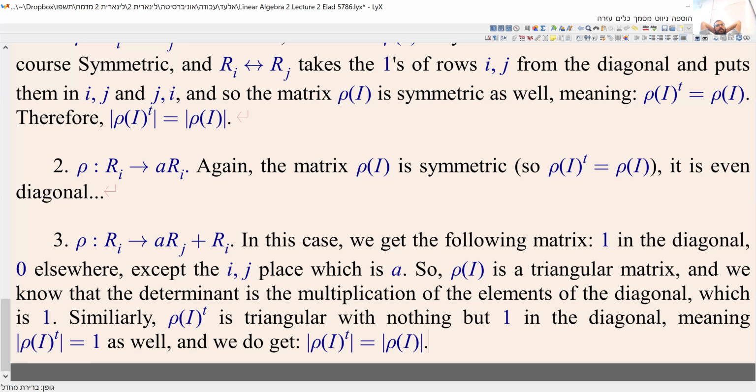When it comes to the determinant, both of them are triangular, so we look only at the elements of the diagonal. And they are the same when you transpose one matrix.